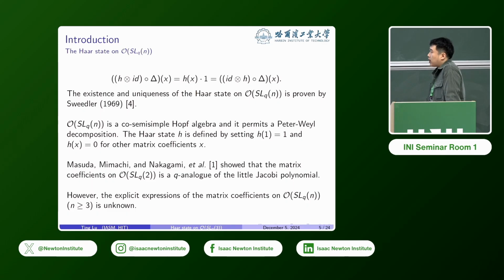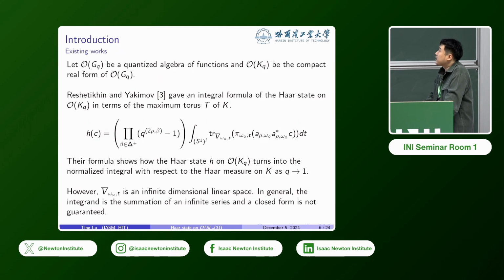For OSLQ2, by the work of Masuda, Mimachi, and Nakagami, they found that the matrix coefficient is a Q analog of the little Jacobi polynomial. However, that's as far as we can get. If n is larger than or equal to 3, then we do not know the explicit expression. So decomposing into matrix coefficients will not work in general.